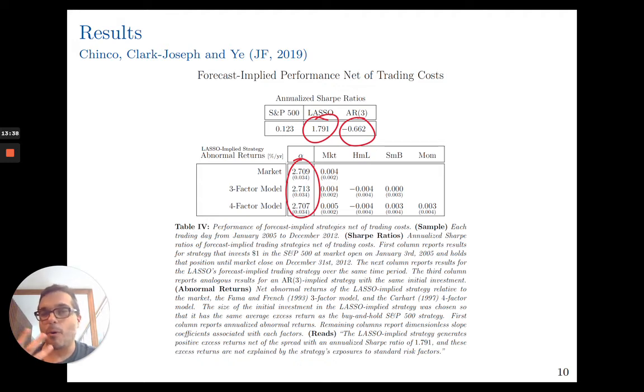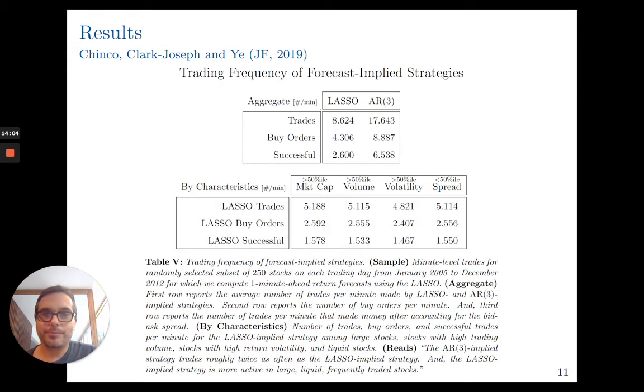Okay, there's a component that's given by the market, but you see the other Fama French factors, all non-significant, okay? So these gains are not explained by the exposures to standard risk factors like Fama French. So there's something else going on here, okay?